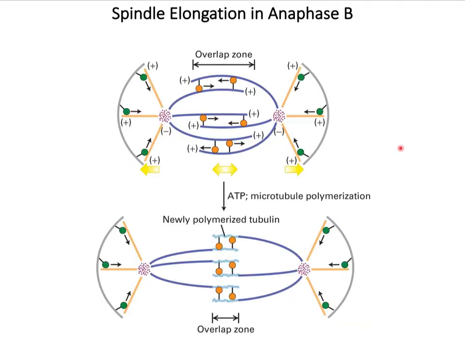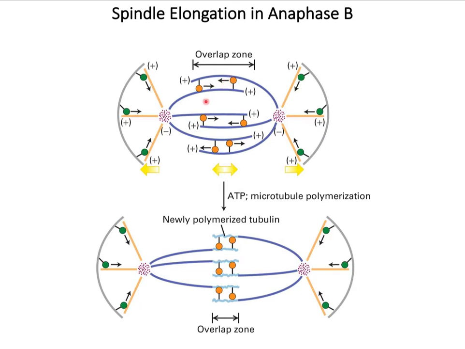Now, if we look more closely at how these polar microtubules and astral microtubules are contributing to this elongation during anaphase, you will see that it's all carried out by the action of microtubule motor proteins, the kinesins and the dyneins. Here in this overlap region of the polar microtubules, you have some kinesin.